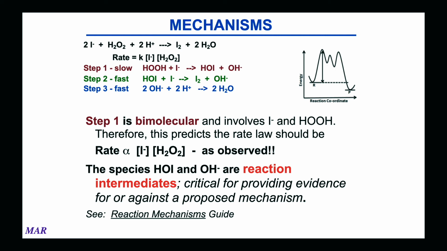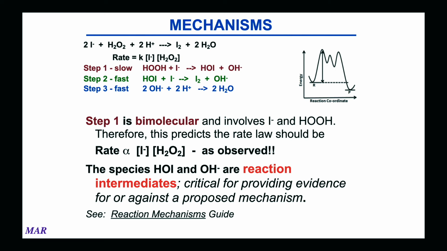Another comment should be made about HOI and OH minus. HOI and OH minus appear and then disappear, and those are called reaction intermediates. They're species that are around for a little bit, but they're used up right away. And if you have a mechanism and someone doesn't like it for some reason, you will bolster your argument for your mechanism if you can detect HOI and/or OH minus.